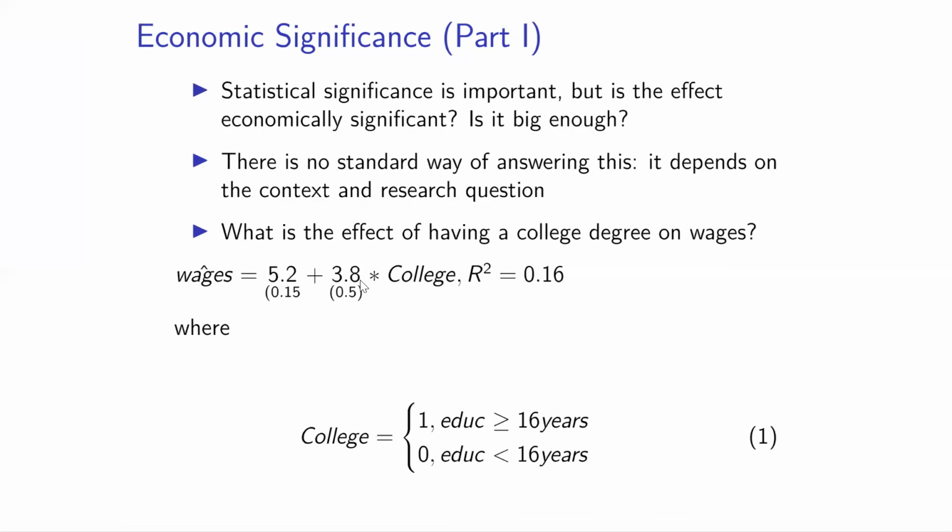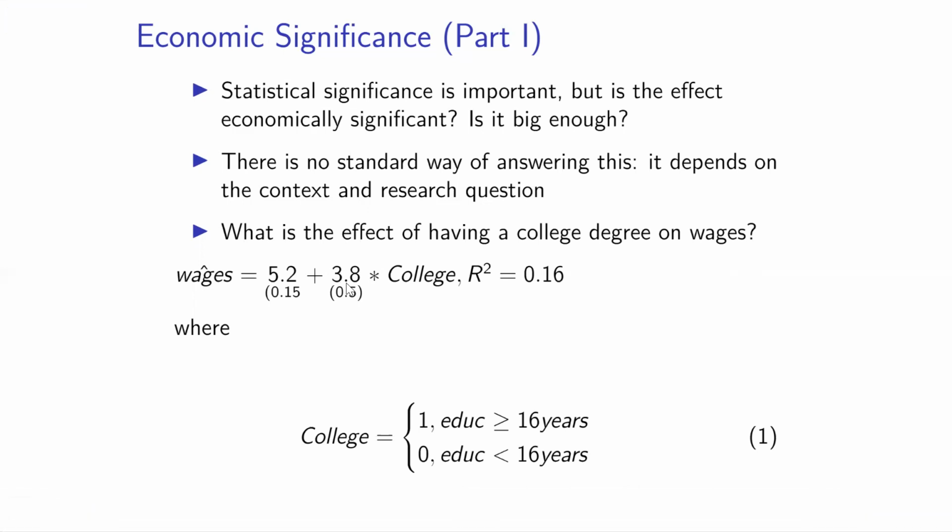as compared to someone who has not graduated from college. The coefficient is highly statistically significant at the 1% level, as determined by the t-stats, which means that college is an important factor in explaining the variation in hourly wages. That said, how much I care about going to college also depends on the economic significance of this $3.8.